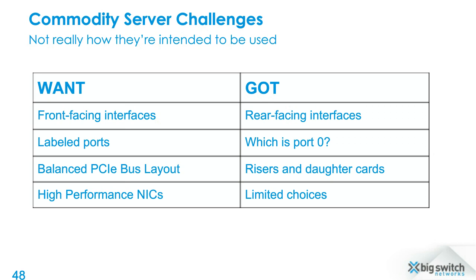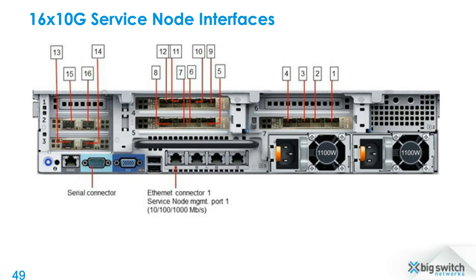Now, what do I mean about the labeled port issue? Well, here are the 16 ports on the service node, and here's where port 1 is and where port 16 is. One of the challenges that we have is communicating to customers that the commodity servers really don't provide you with an easy-to-understand plumbing.